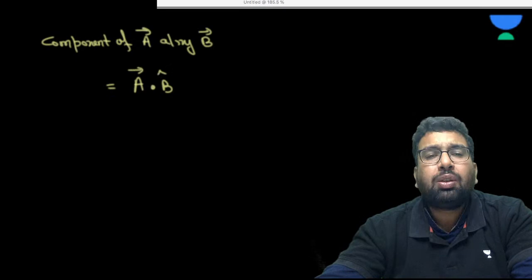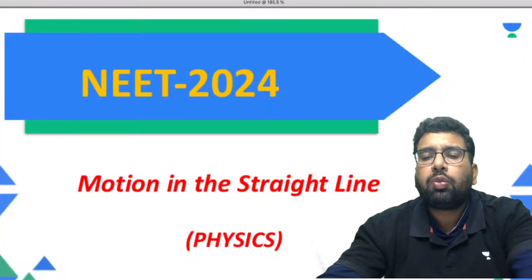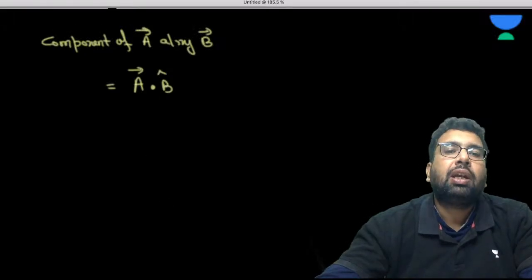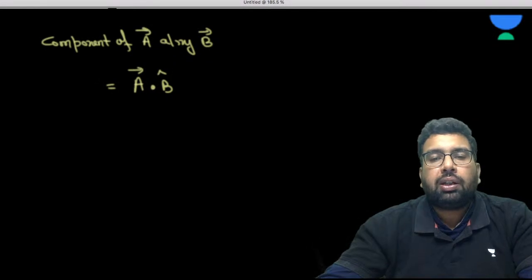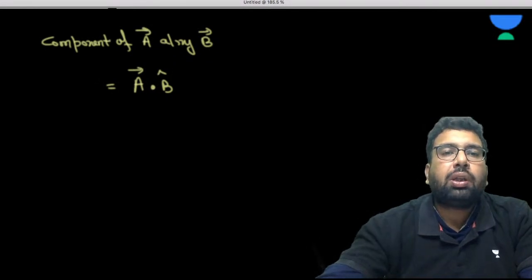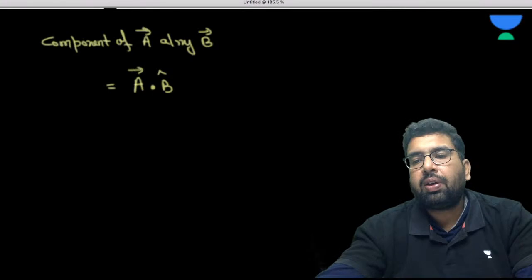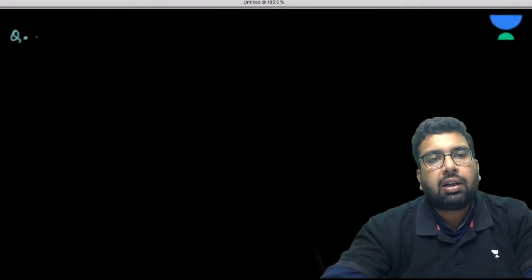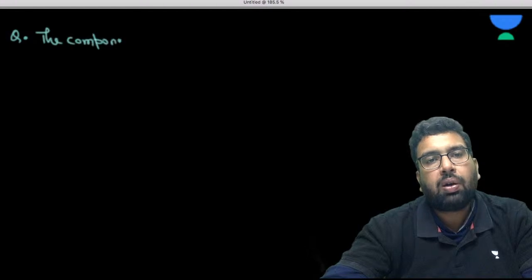Okay. So this is going to save a lot of time. Again, when you see the NEET PYQs, you are going to see one kind of question very frequently asked, and that is it. Let me merge a few questions.